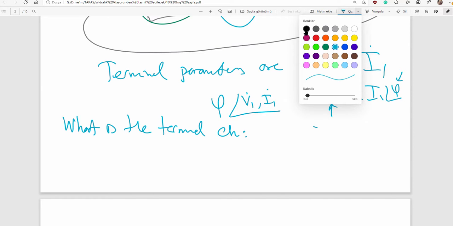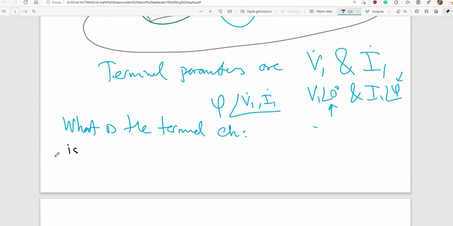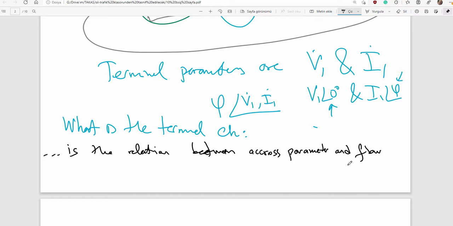Terminal characteristic is the relation between across parameter and terminal flow parameter, let me say across parameter versus flow parameter at the terminal.